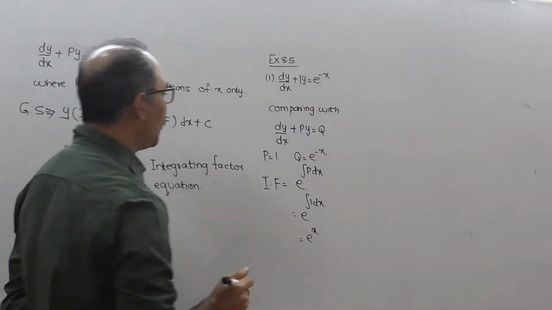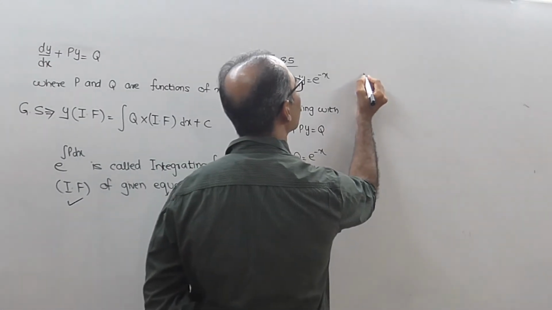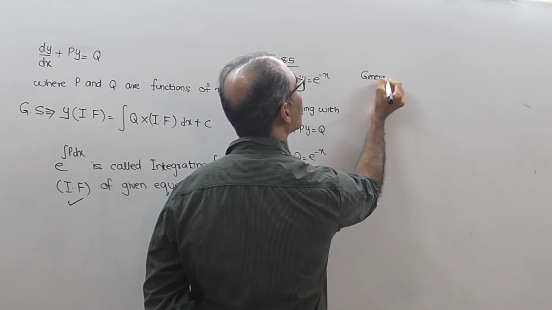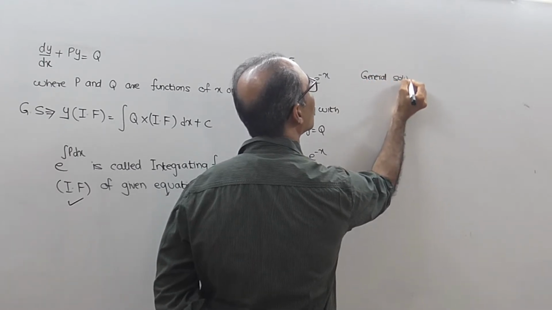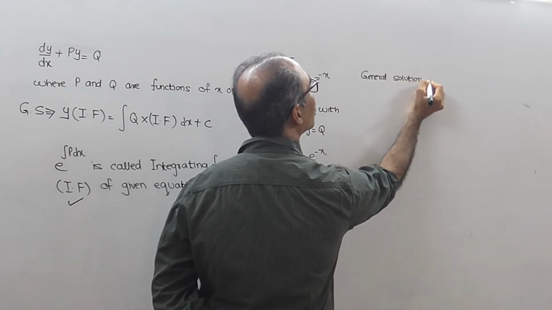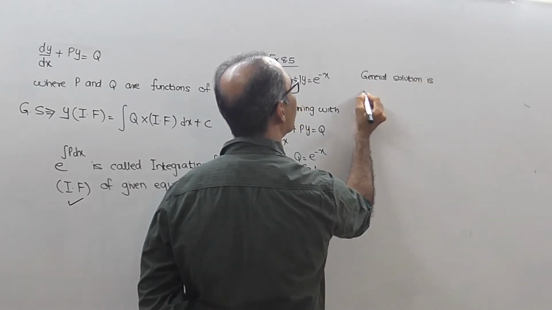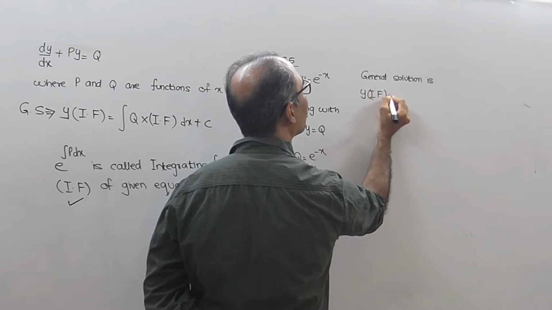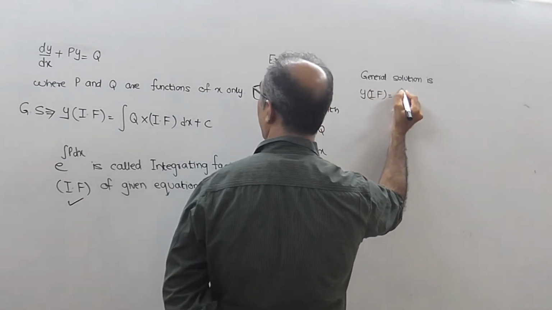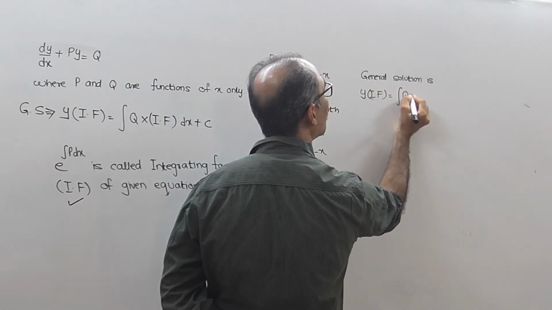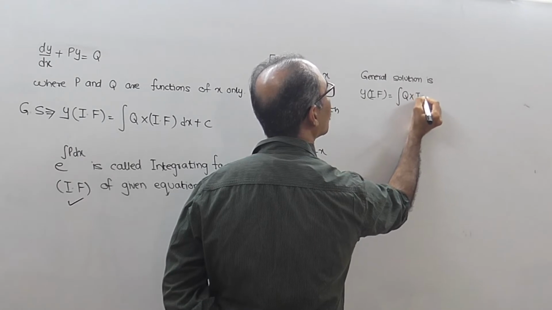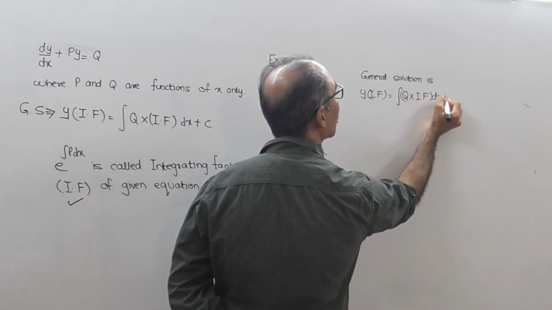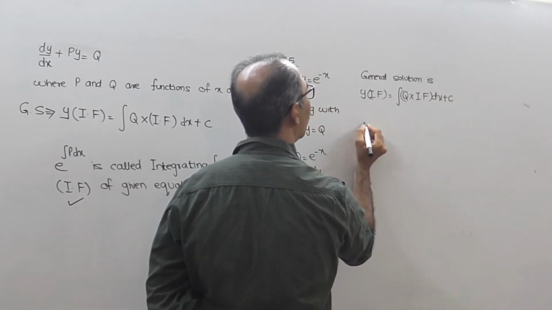Once we have got the integrating factor as e raised to x, I will say that the general solution is y into integrating factor equal to integration Q into integrating factor product dx plus c.